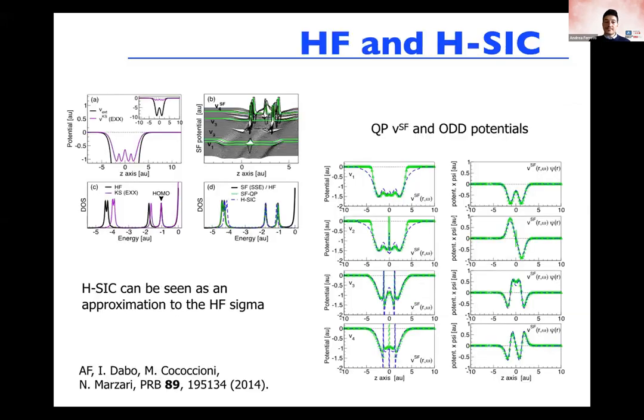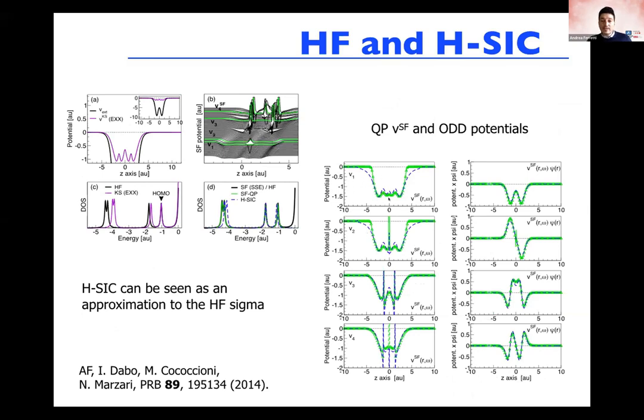And here is the potential, and we can have a deeper look, if you want, at the shape of these potentials, because then one could ask, yeah, but this orbital-density-dependent or this frequency dependent potential may be very difficult to approximate.